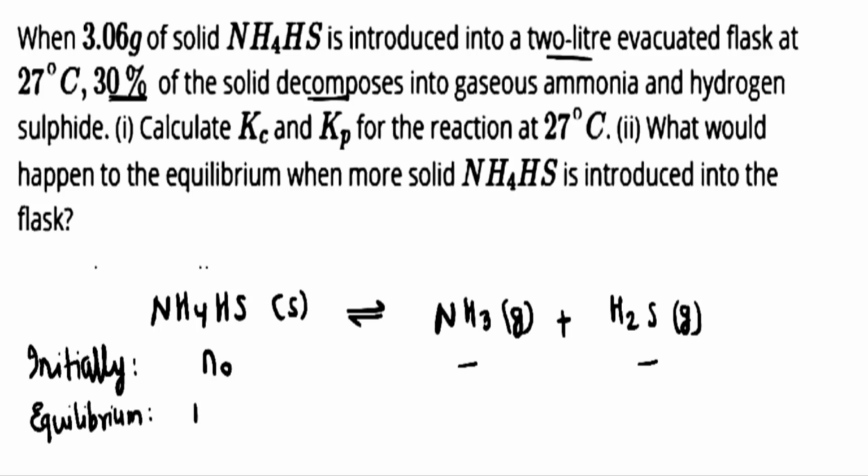At equilibrium, if alpha is the degree of dissociation of NH4HS, then the moles of NH4HS will become N0(1 minus alpha), and the corresponding moles of NH3 will be N0 alpha, and for H2S it will be N0 alpha.